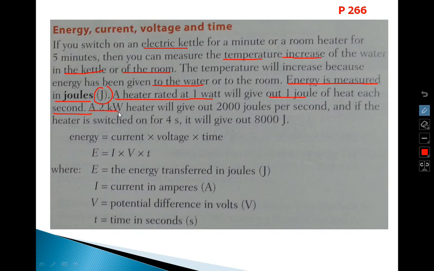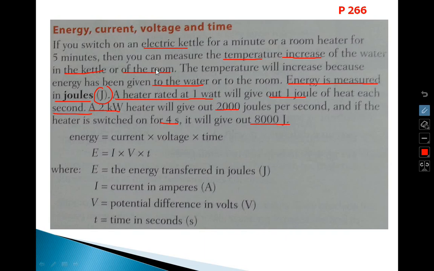If we have a 2 kilowatt heater, it will give out 2000 joules per second. And if the heater is switched on for 4 seconds, how many joules will it give? It will give 2000 times 4 seconds, because 2 kilowatt is 2000 joules in 1 second. If we have 4 seconds, we will have 8000 joules.